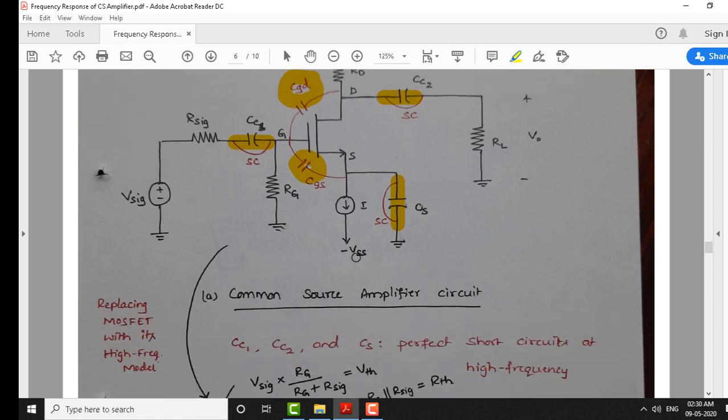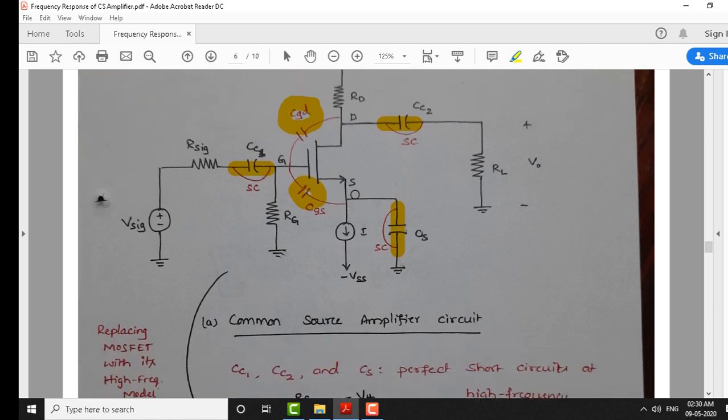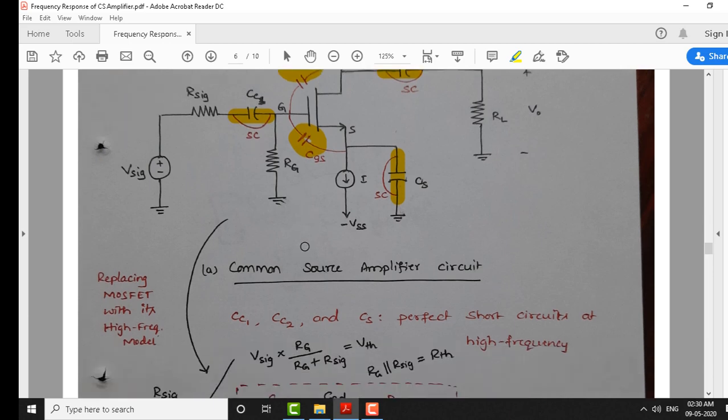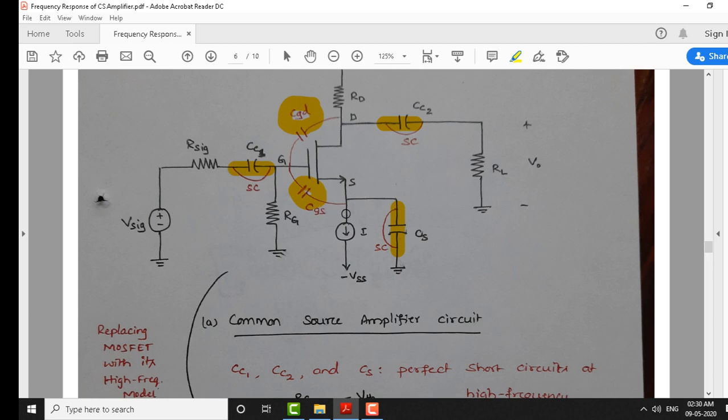Okay, now let us obtain the gain expression for the common source amplifier circuit at high frequency. To obtain the gain expression for the common source amplifier, particularly at high frequencies, we have to replace this MOSFET with its high frequency model. In the last class, we have discussed the high frequency model of the MOSFET.